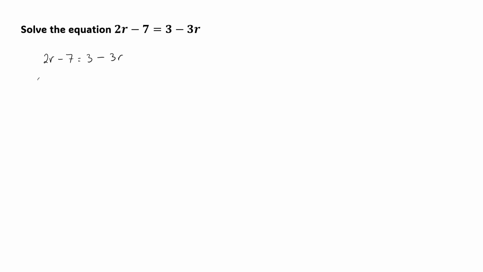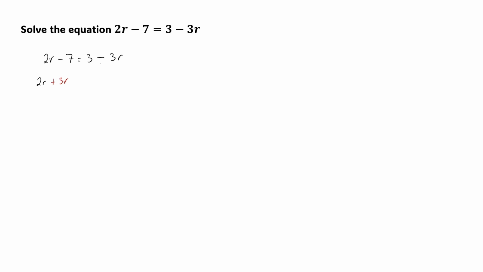So in this case, again, I will move the 3r since my 3r is being subtracted, and I don't want to move the 2r over where I would have a negative 3r minusing a 2r. So to avoid that, I'm instead going to move the 3r over where it will be added.